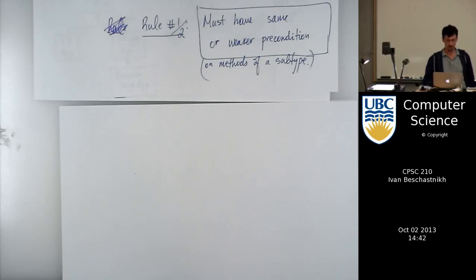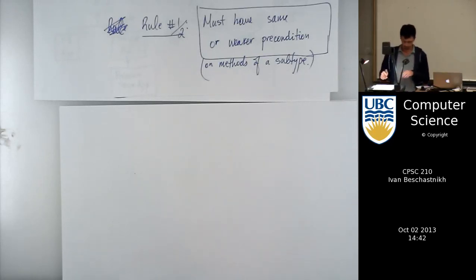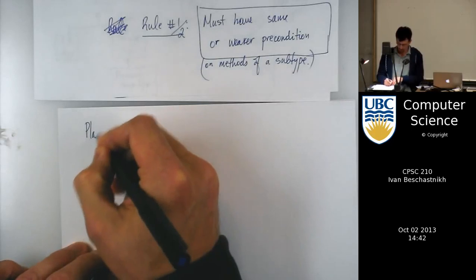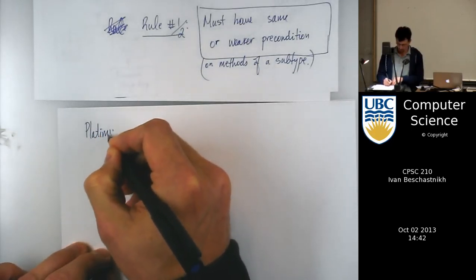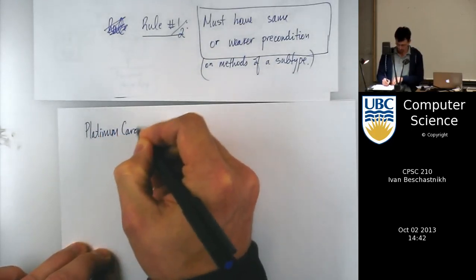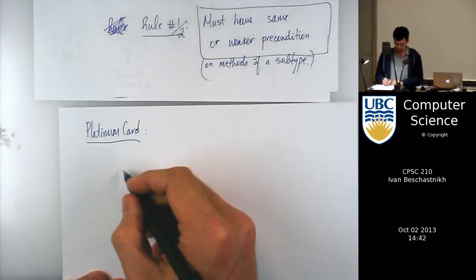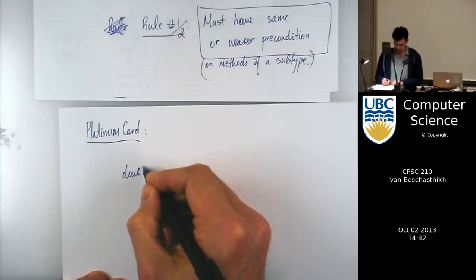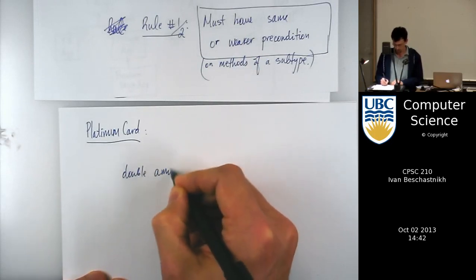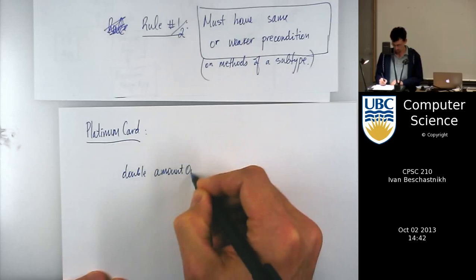And so what I just said is that balance owing doesn't require anything, so it always returns some amount that is greater than 0. But if I look at the platinum card, and I wanted to define this method, so let's say I also want to say double owing.